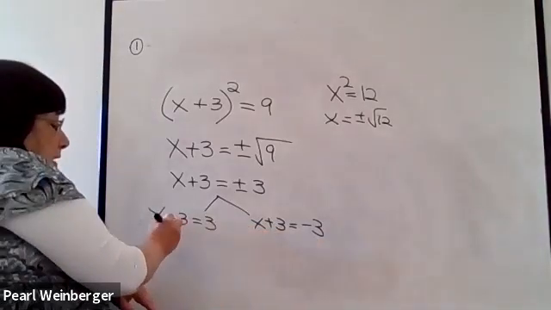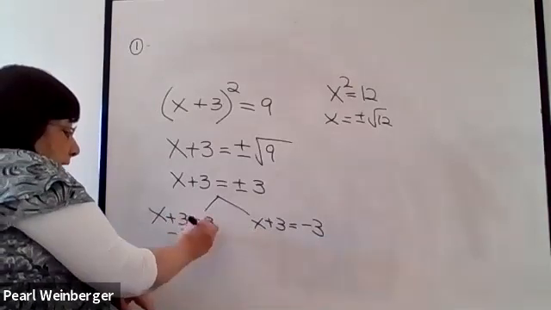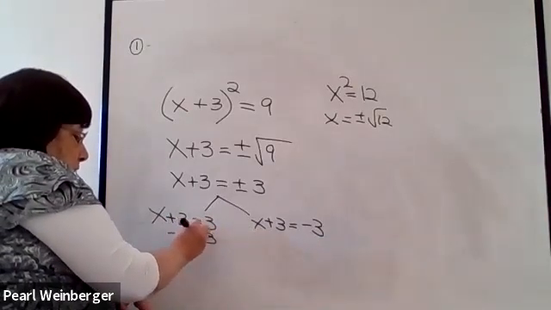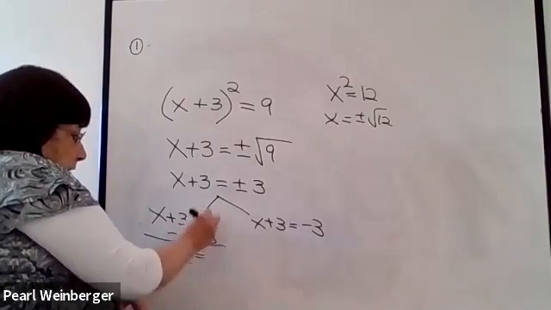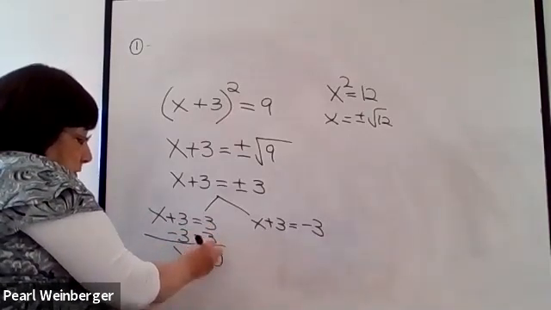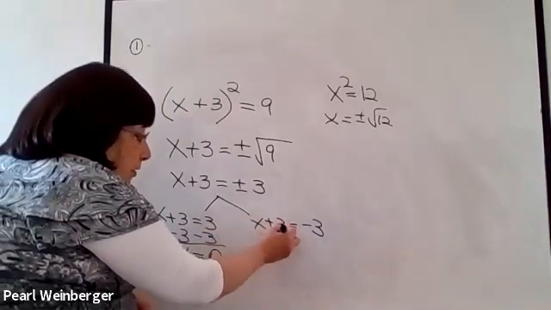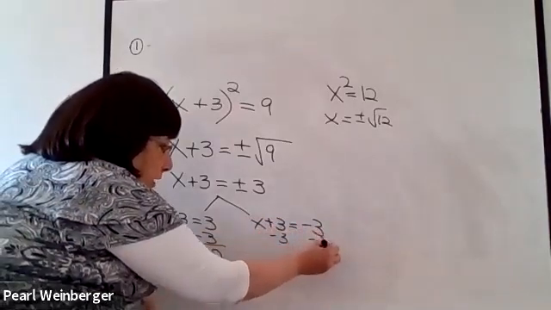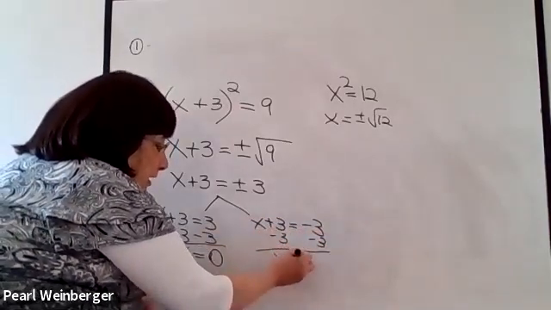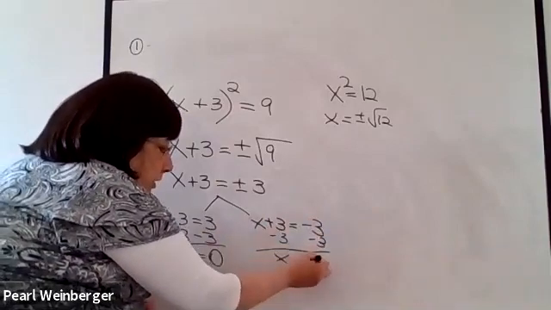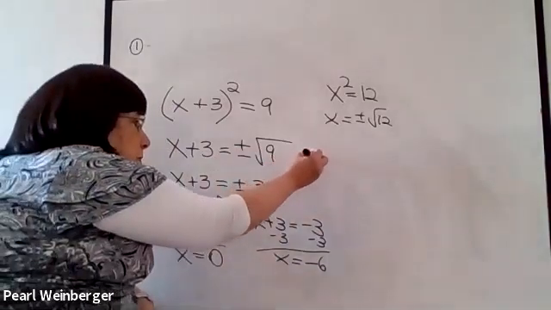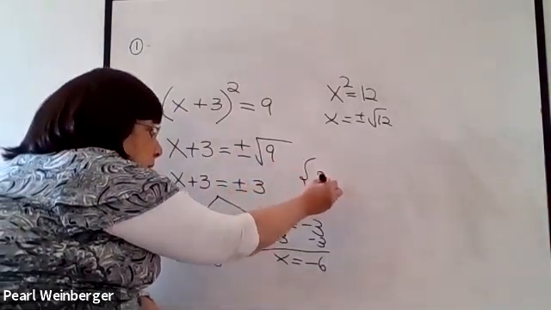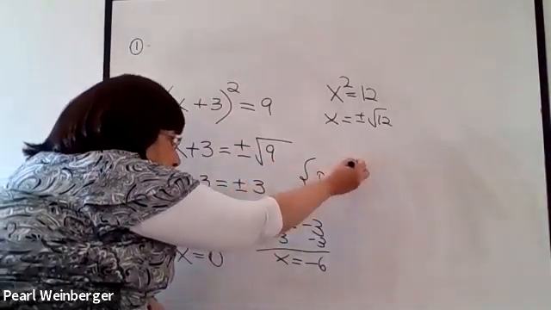And now I just finish this off by getting the 3 to the other side. In this case, I get x equals 3 minus 3, which is 0. And over here, when I subtract 3 from both sides, I get x equals negative 3 minus 3, negative 6. And I get my 2 answers being 0 and negative 6.